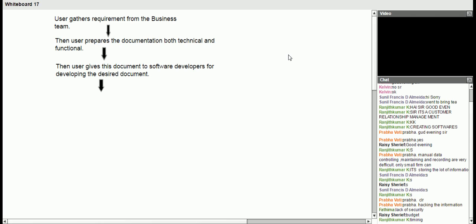User gathers requirements from the business team. Then the user prepares the documentation, both technical and functional. Then the user gives this document to software developers for developing the desired software.